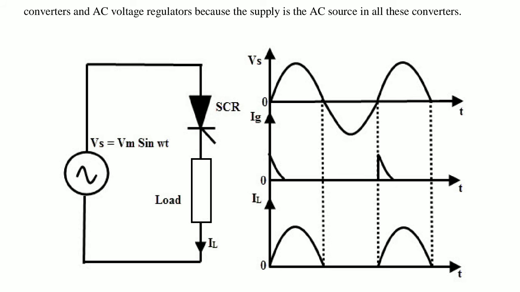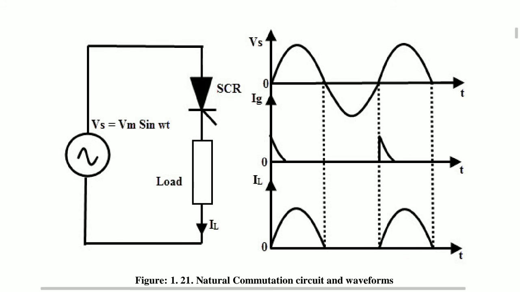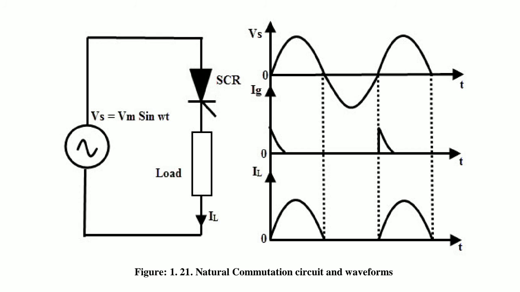So one can see the circuit diagram for natural commutation or class F commutation. There is an AC source Vs equal to Vm sin omega t, one SCR which we want to commutate or turn on, and the load. From the waveforms, the first waveform is the source voltage Vs, that is a sine wave.